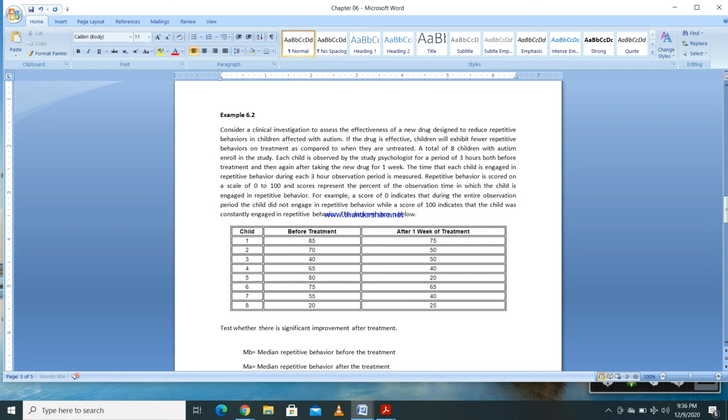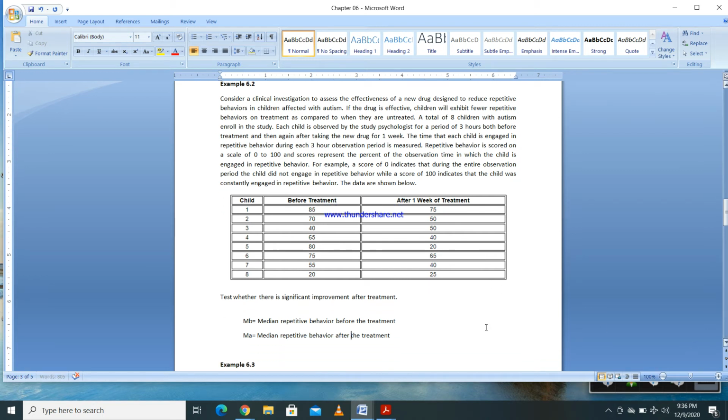So if the drug is effective, these values should represent a lower number because the drug is reducing the repetitive behavior. So you have to test whether the drug is effective or not. The claim we have to always take as our alternative, right? So if it is effective, the median value after is lower than the median value of the first set.